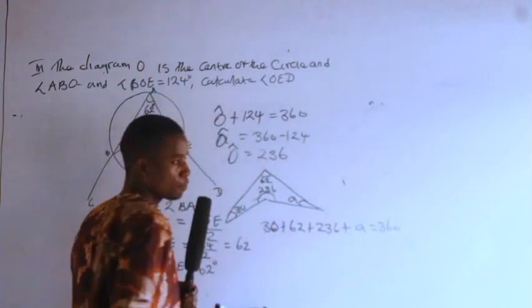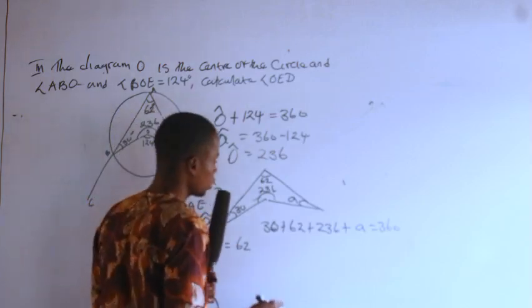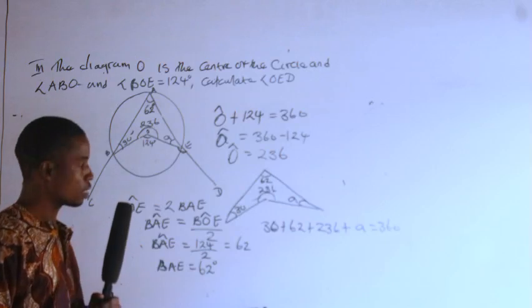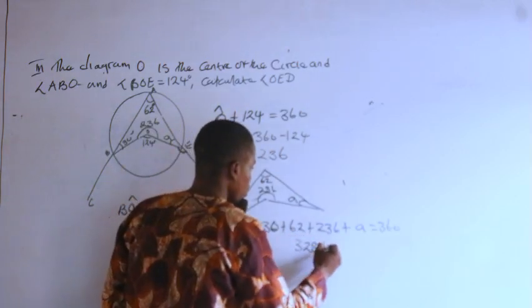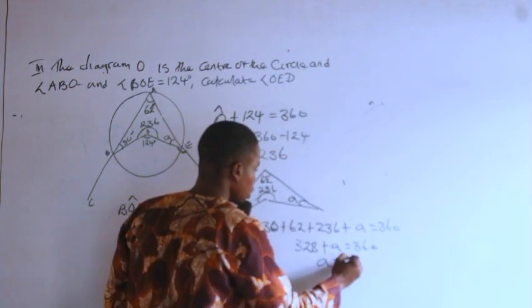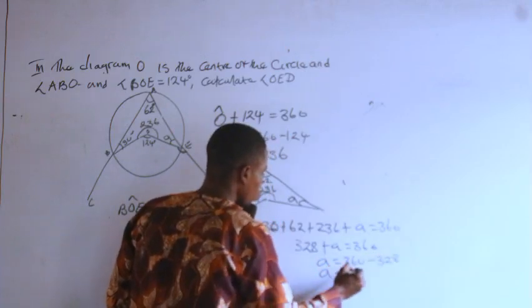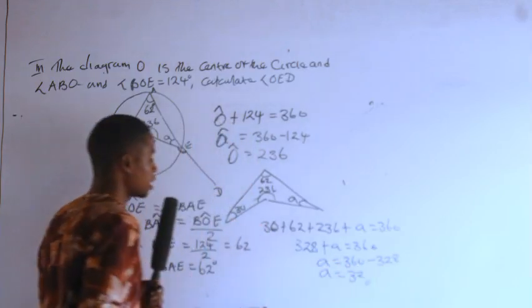Add all of them for me. 30 plus 62 plus 236 is 328. 328 plus A equals 360. So A equals 360 minus 328. A equals 32 degrees.